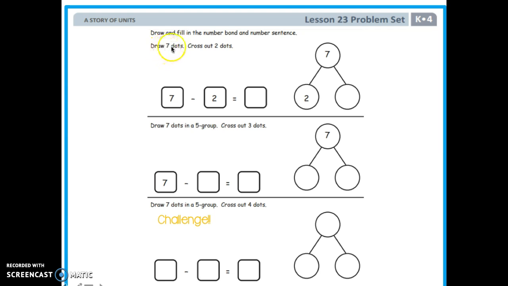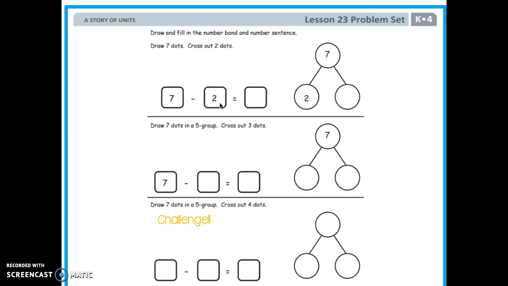Draw 7 dots. You should be drawing 7 dots right now. After you draw 7 dots, cross off 2 dots. 7 dots, take away 2 dots.